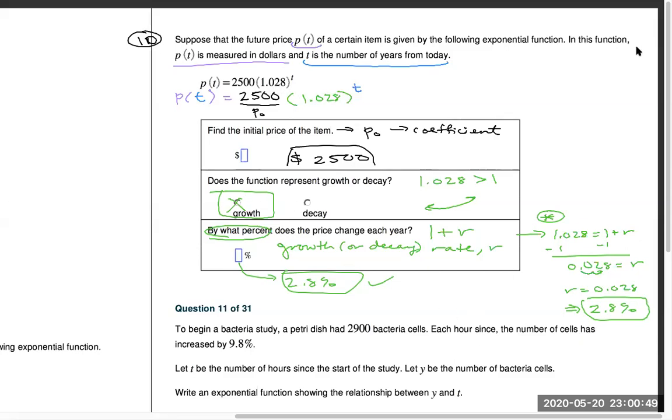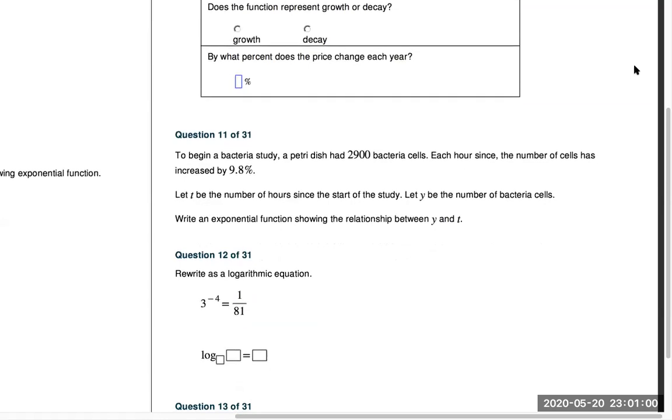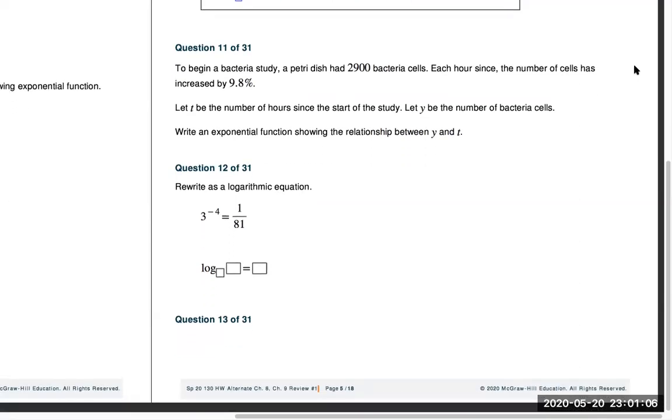Okay, let me save that, clear this out, and then we're on our last problem for this particular video. You can see we're going to get into logarithmics very shortly.